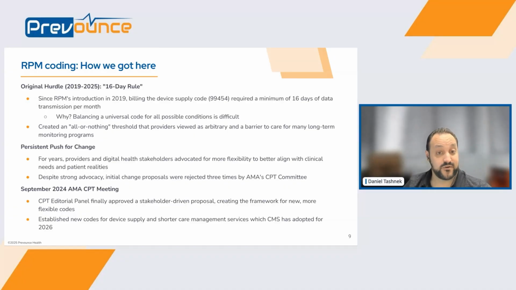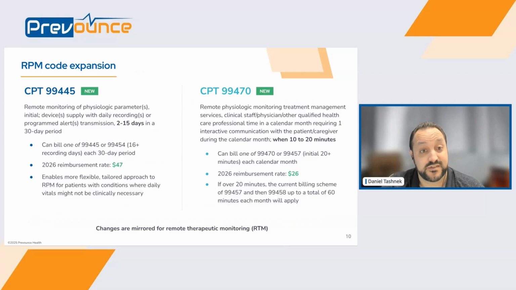In September of last year, 2024, the CPT meeting from the AMA came out and said, okay, we're going to establish new codes to allow for less than 16 days of measurement transmission per month. And we now know what that code is. It's 99445, which is slightly confusing when the 16-day plus code is 99454, and this is 99445.